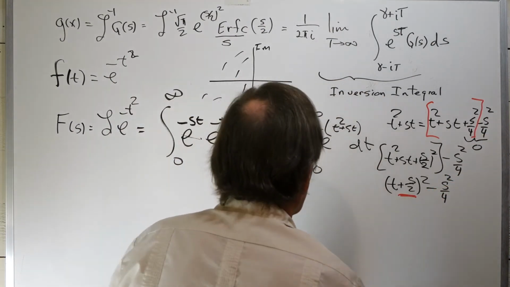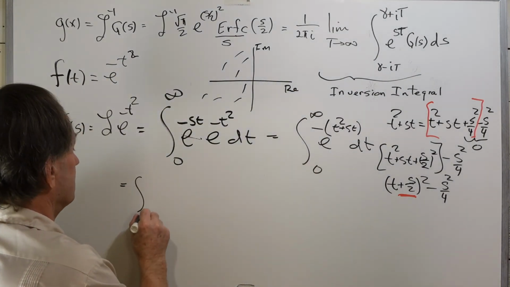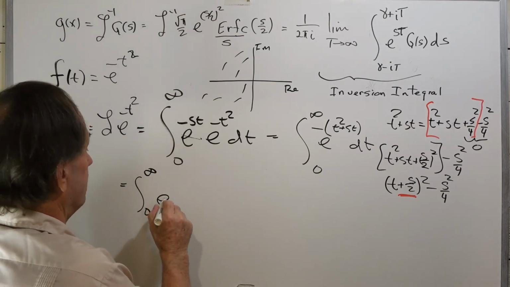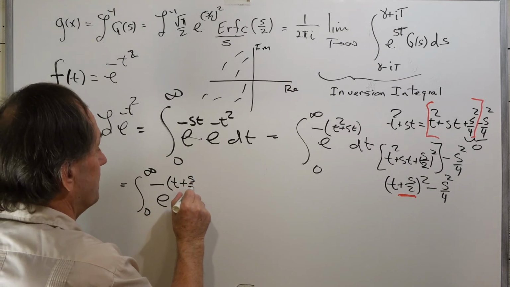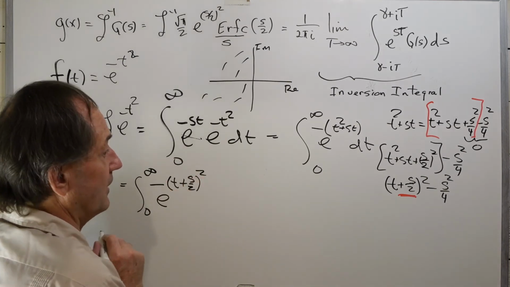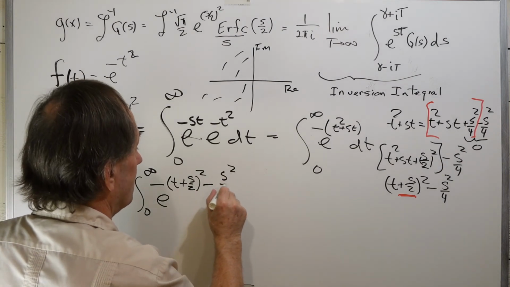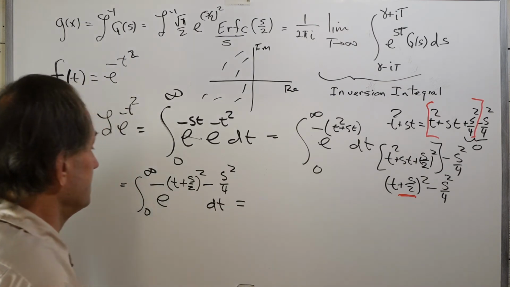So we'll rewrite the integral now. This is equal to the integral from 0 to infinity of e to the minus t plus s over 2 quantity squared minus s squared over 4, and we're integrating with respect to t.